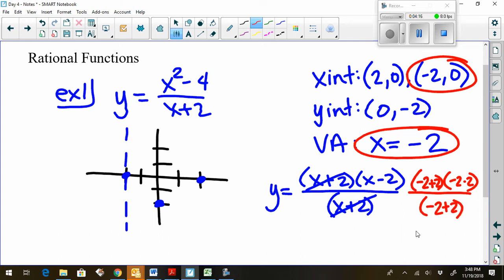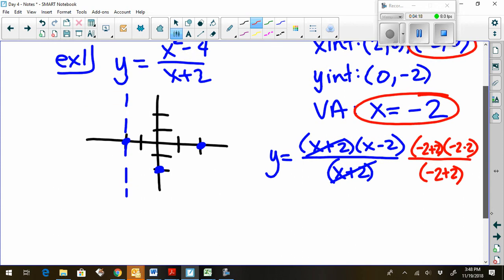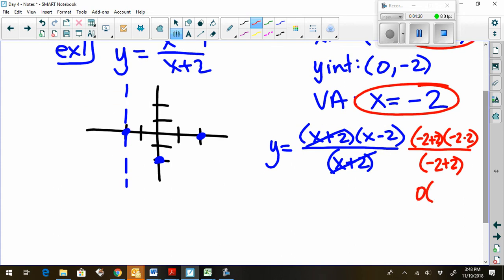Well, negative 2 plus 2 is 0. 0 times negative 4 over 0. Well, I know that that's 0 over 0. So the question is, what is 0 over 0?